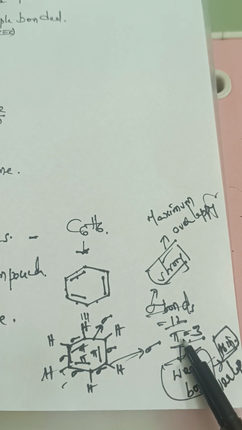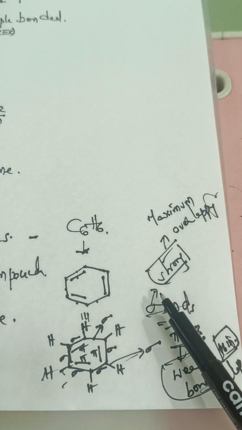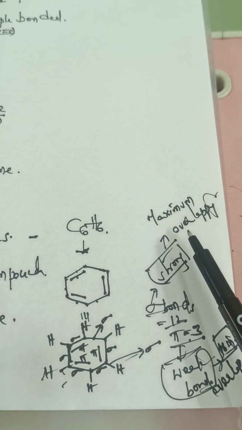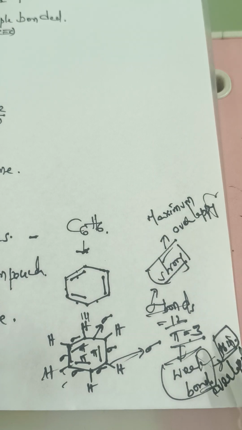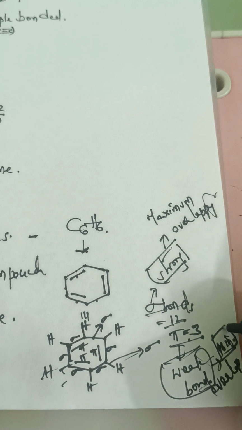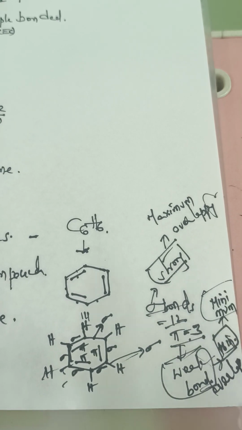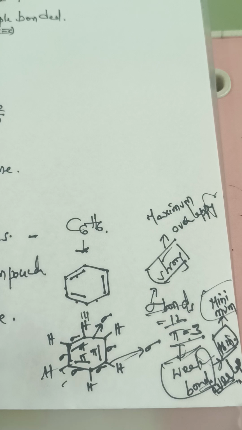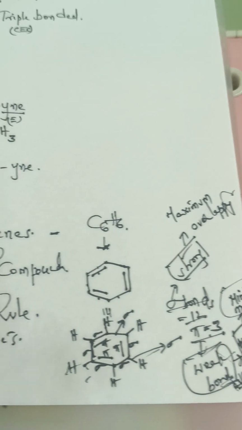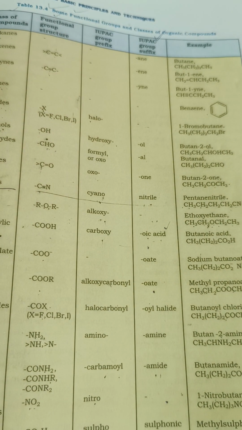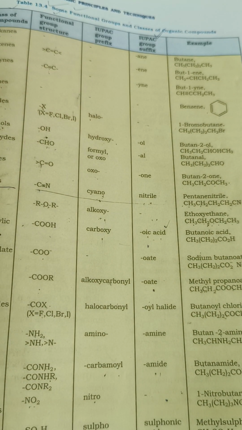Sigma bonds are strong, whereas pi bonds are weak. The reason for this is there will be maximum overlapping in a sigma bond, and in a pi bond there will be minimum overlapping.